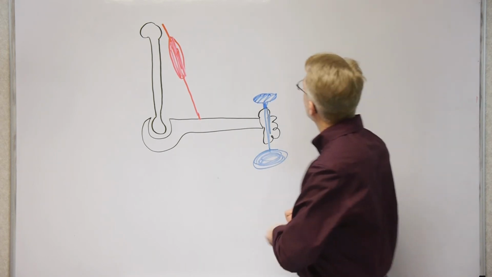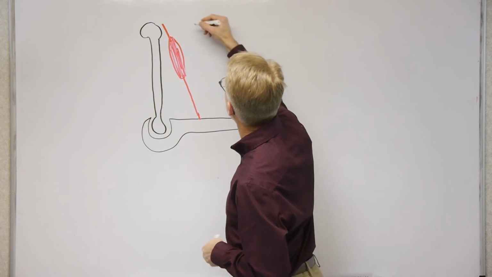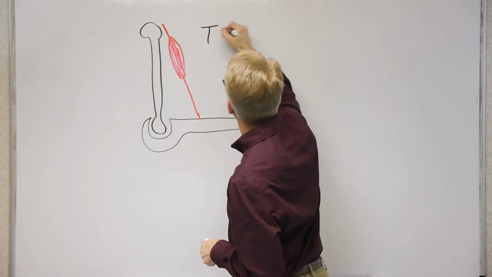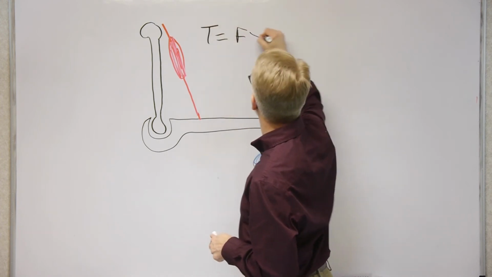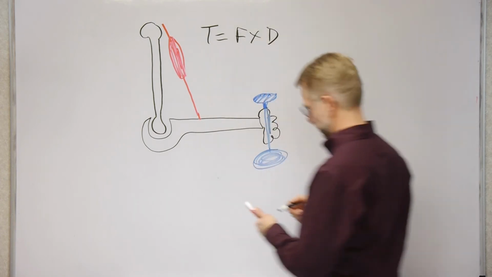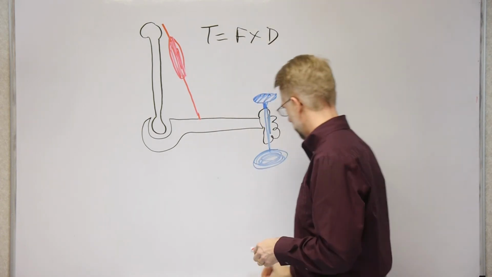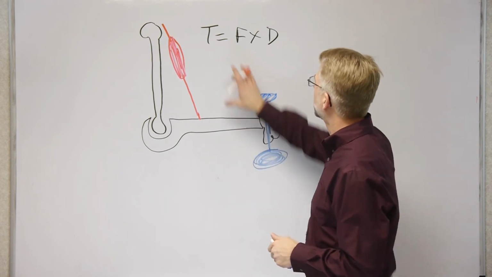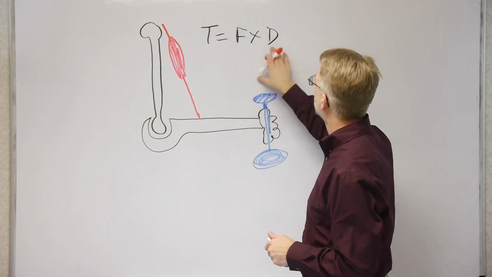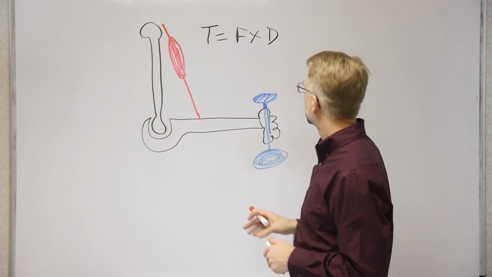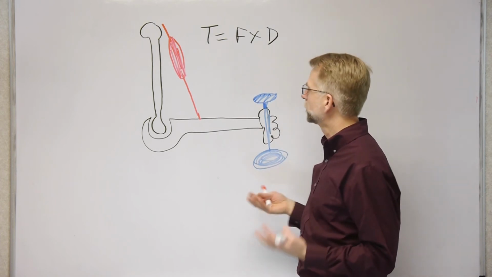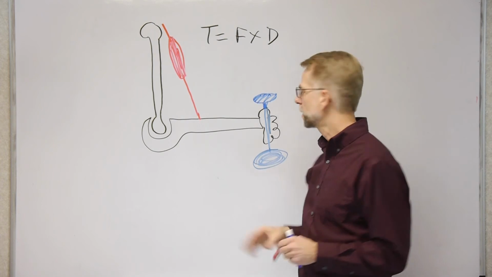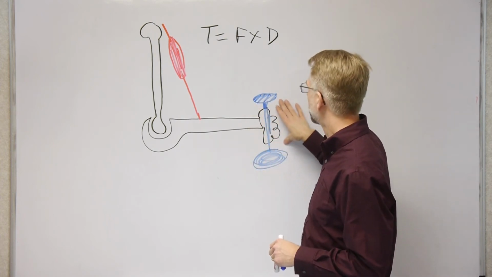You'll remember the formula for torque in general was that torque was force times distance. In the biomechanical model, we rename what this force and distance are. So we have forces or torques created outside the body, i.e. torques created by the weight.